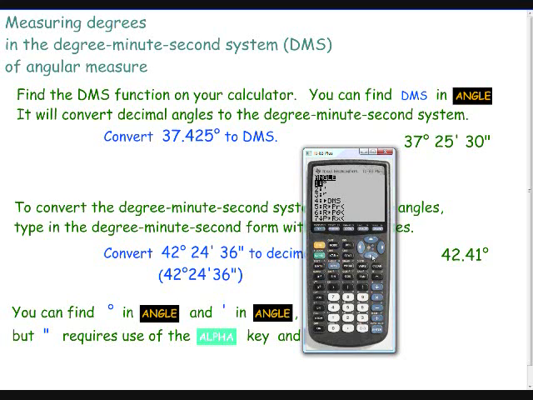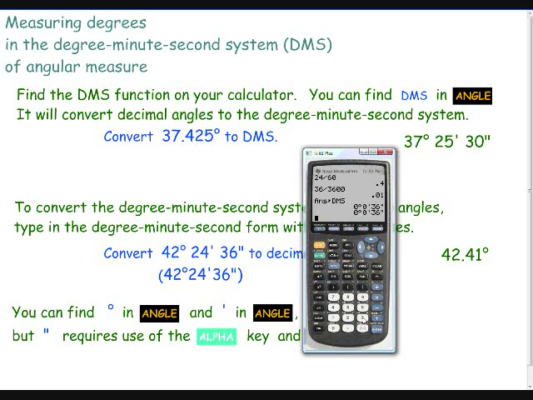I have to go down like this on my calculator. If I wanted to convert what I just had here, 0.01, to DMS, we know what that's going to be, right? It's going to be 36 seconds. Let's do this whole thing.